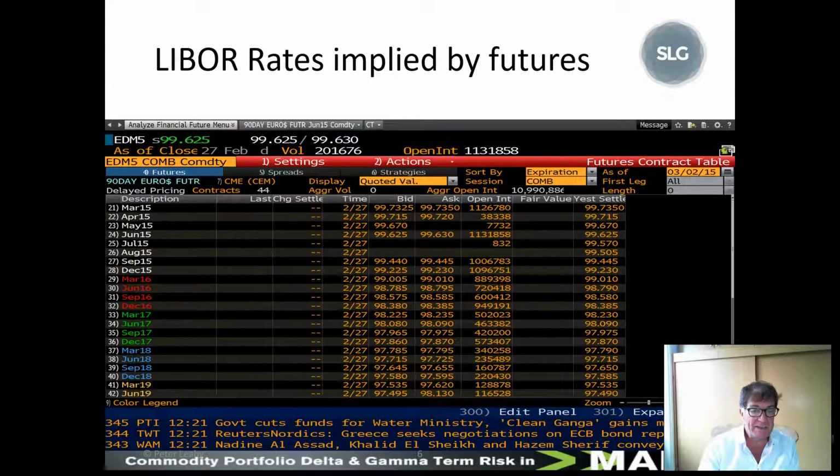So 90-day Eurodollar futures as described here. Eurodollar has nothing whatsoever to do with the currency euro. It's just a traditional description of dollars priced using London Interbank LIBOR.